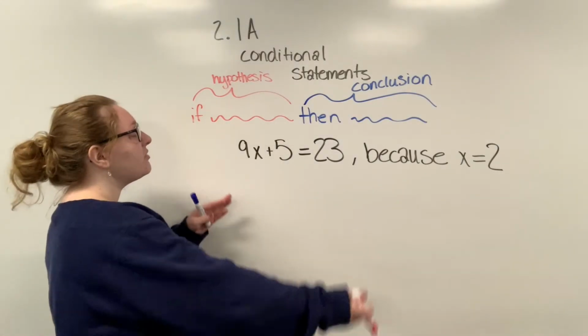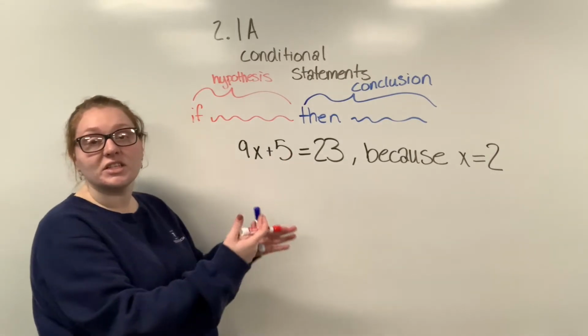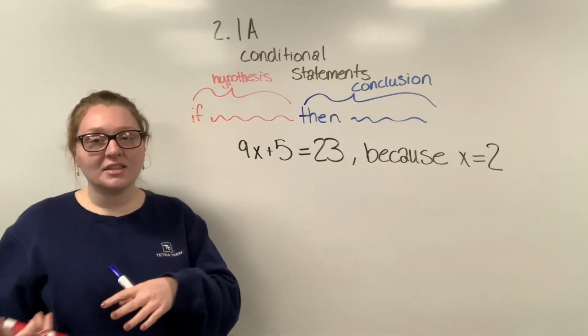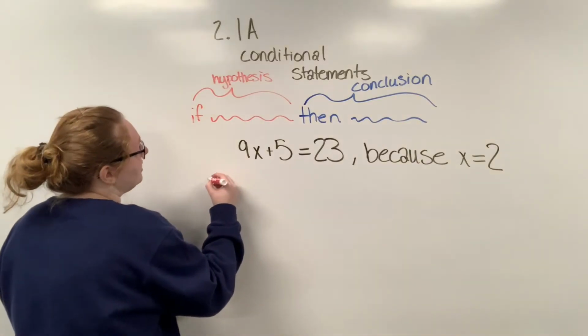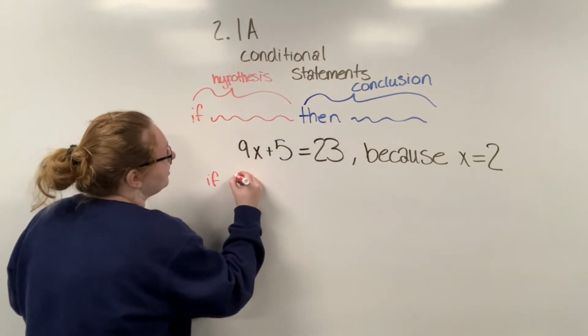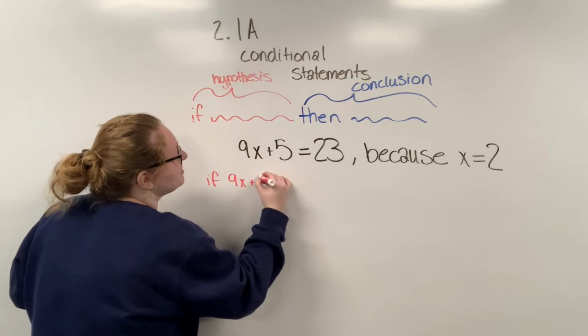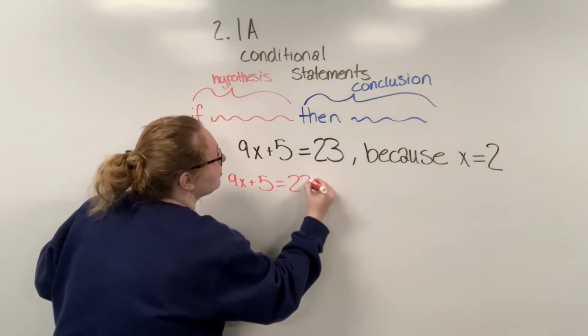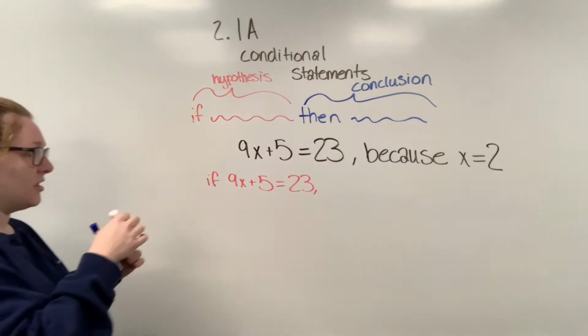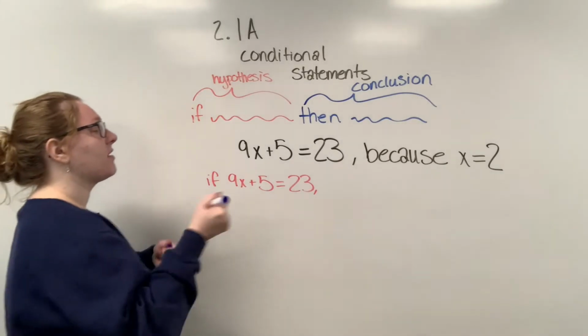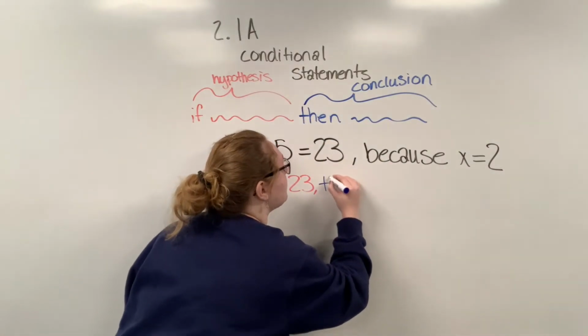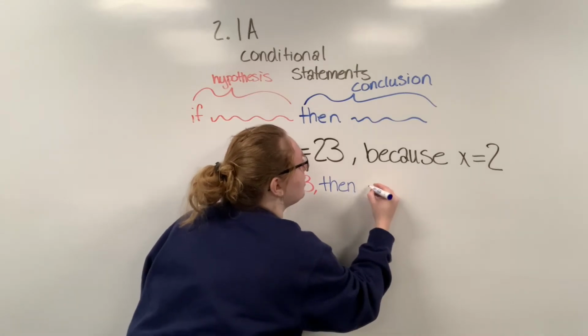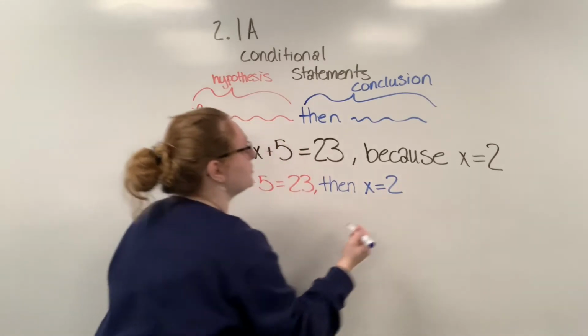So if we use 9 times x plus 5 is equal to 23 as our hypothesis, then it would look like this. If 9 times x plus 5 is equal to 23, our comma, then our second piece of information, x is equal to 2.